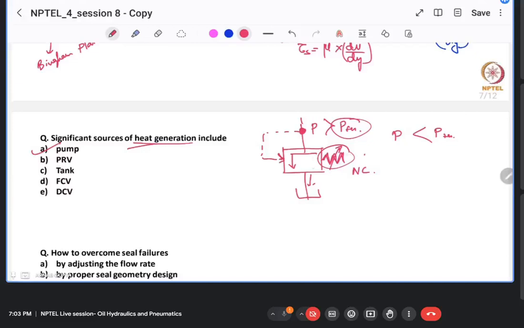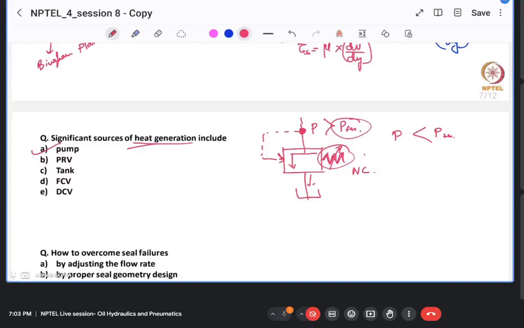So obviously there will be chances of heating up. This energy needs to be converted, right? The pressurized fluid tries to flow but is not able to flow. So part of it will try for leakage. If there is some leakage path, then it will try to flow out of that, and it heats up.